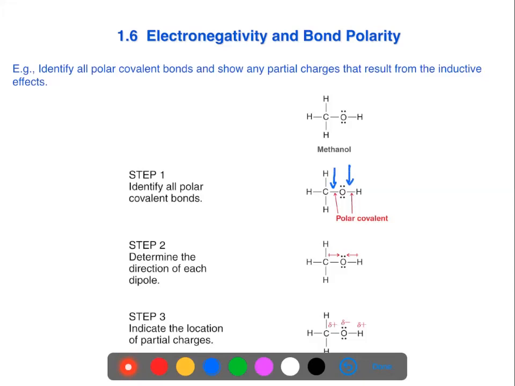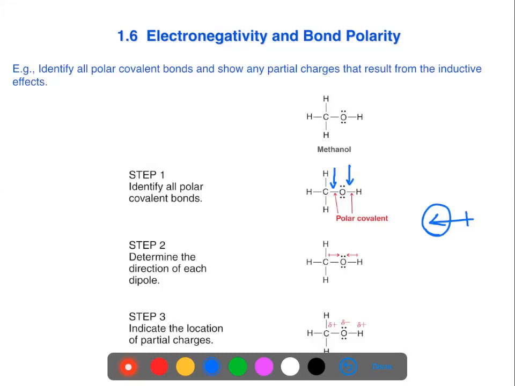And so therefore, when we're drawing our bond moments, and we use this particular symbol to represent that, the arrowhead is going to point towards the more electronegative element and the tail towards the less electronegative atom.